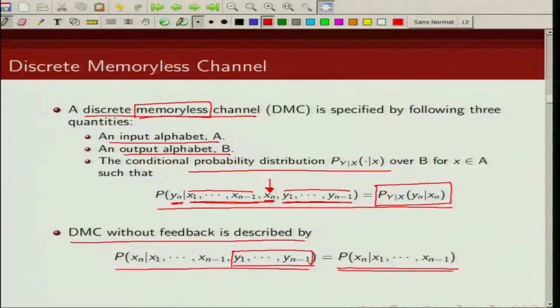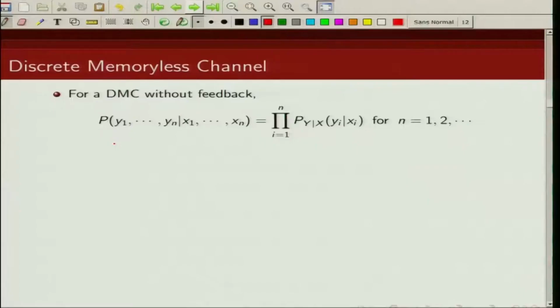So this is our discrete memoryless channel without feedback. For a discrete memoryless channel without feedback, we can write the probability of y_1, y_2, ..., y_n given x_1, x_2, ..., x_n as the product of the probabilities of y_i given x_i.